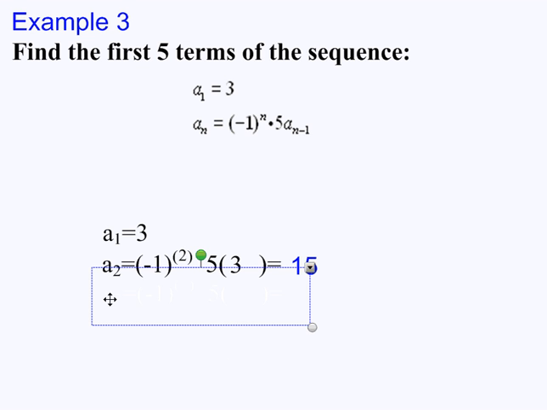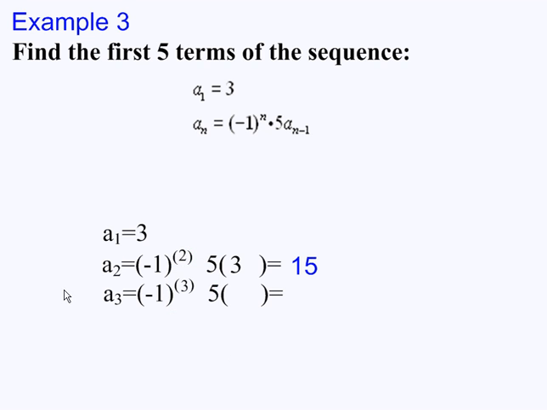To get the third term, remember over here it's n. In this case, to find the third term, n is 3. And then A_(n-1), that's the previous term. The previous term is 15. So we have 15 times 5 multiplied by negative 1 to the third. Negative 1 to the third is negative 1. Negative 1 times 75 is negative 75.